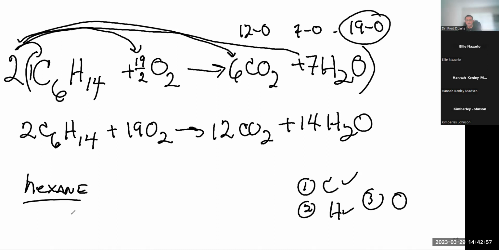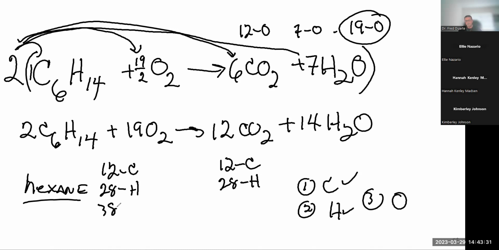Now, check for yourself. You see you have a balanced chemical equation. You have 12 carbons on the left, 12 on the right. You have 2 times 14, you got 28 hydrogens on the left. You got 28 hydrogens on the right, okay? 19 times 2, isn't that 38 oxygens?